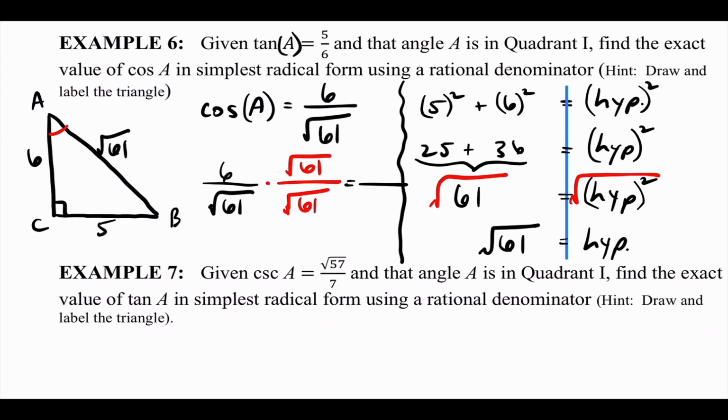Multiply straight across. Can I multiply 6 times 61? No, because one is a square root and one is not. The square root of 61 times the square root of 61 is just going to be 61. Can I cancel out 6 and 61? 6 doesn't go into 61, and I don't think anything 3 or 2 does. Now I'm done. A square root on top's okay. On bottom, nope, can't do it.